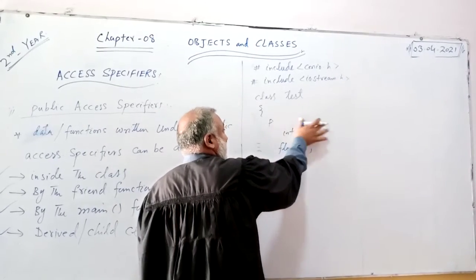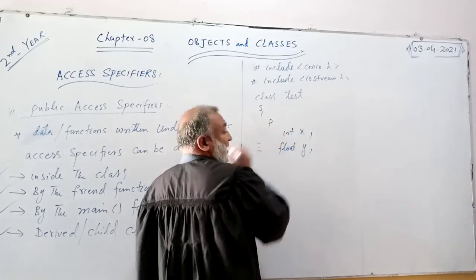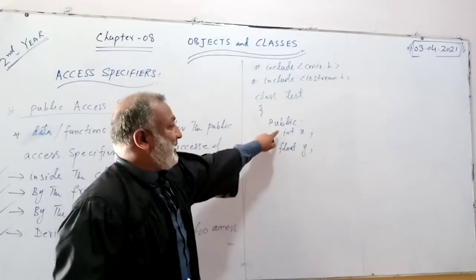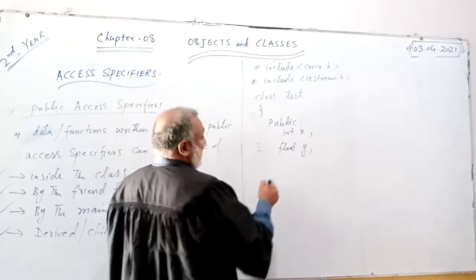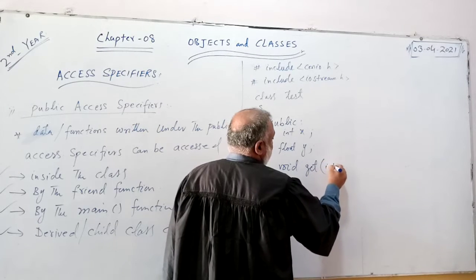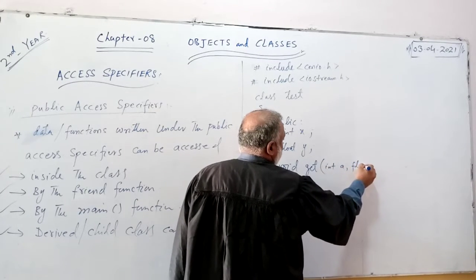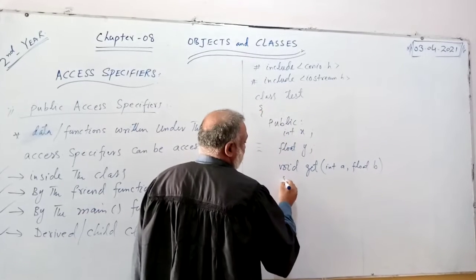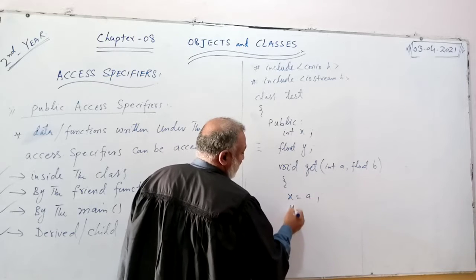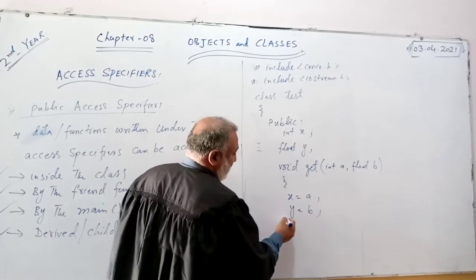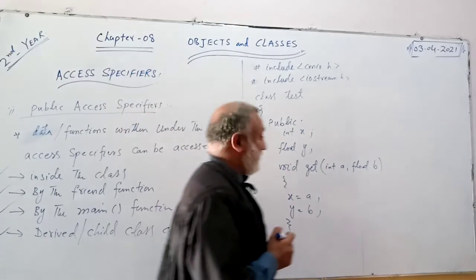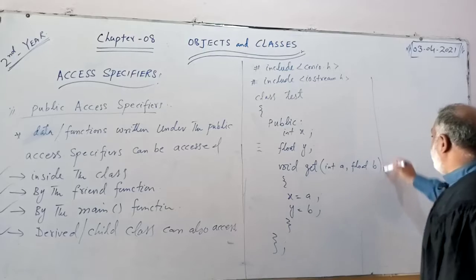Now I am converting it from private to public. Now we have declared that this member data will be public, and then I am taking a function as well: void get(int a, float b), and we have initialized this variable by a, and another variable by b. Your class finishes here. Now let me write the main function for this program.